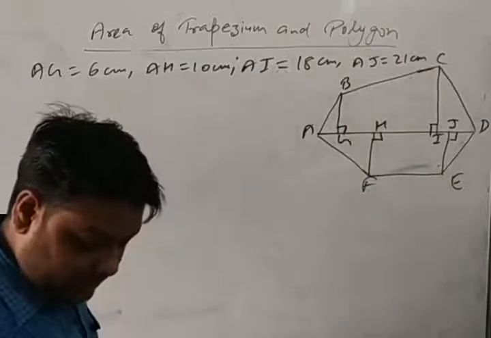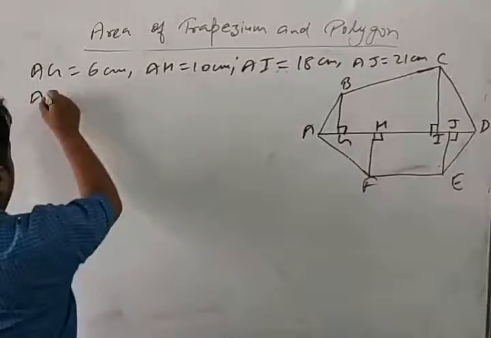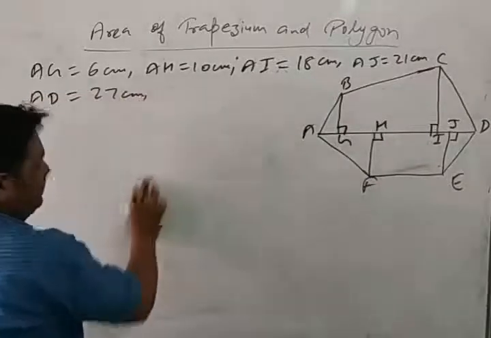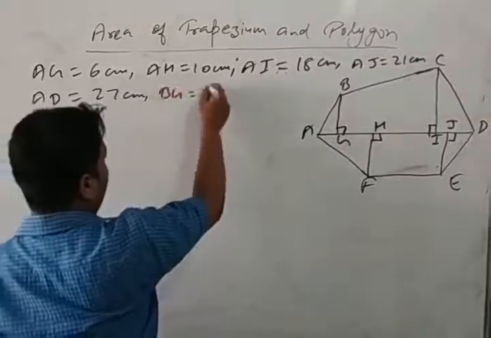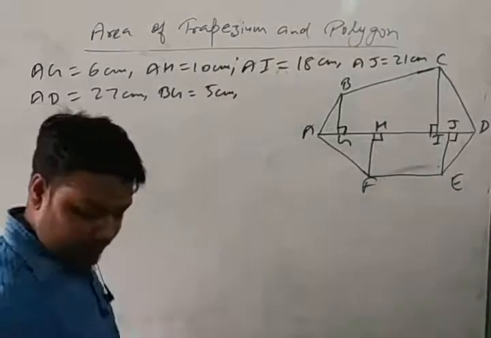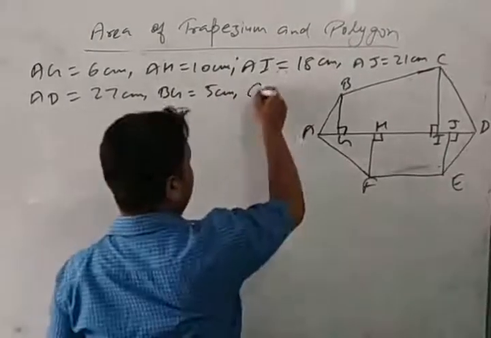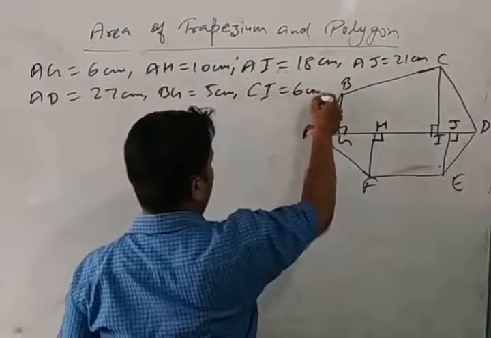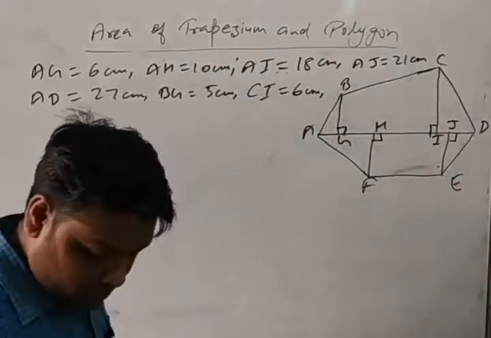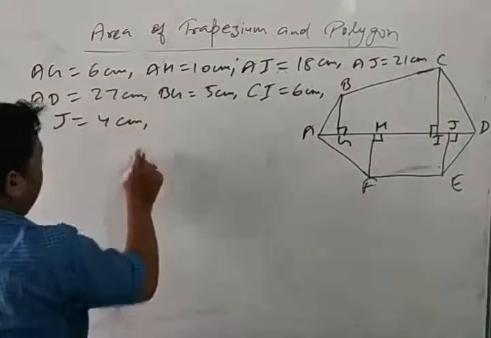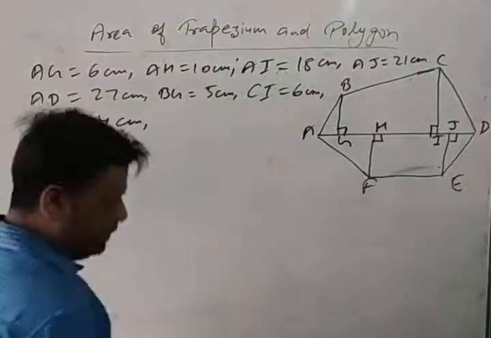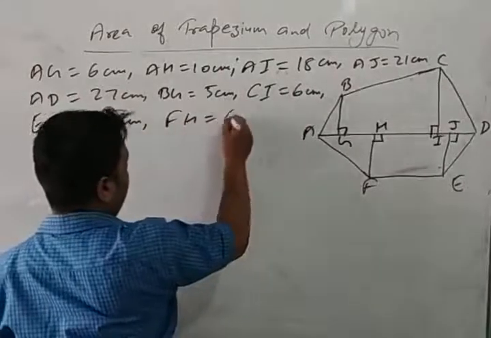After that, AD equal to 27 centimeter, BG equal to 5 centimeter, CI equal to 6 centimeter, EJ equal to 4 centimeter, and FH equal to 6 centimeter.